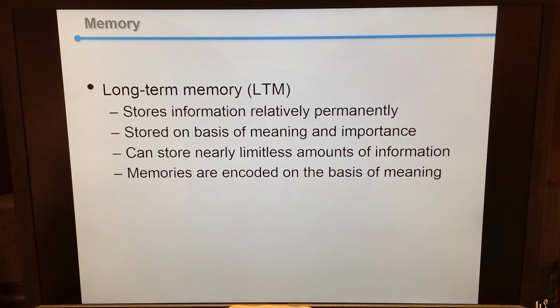Oftentimes it goes away because we didn't really encode and store that information properly. We just recited it long enough to write it down real quick and then we forget about it. Well, long-term memory doesn't work that way. You have to be able to encode and store and be able to retrieve that information in your short-term for it to move to long-term.